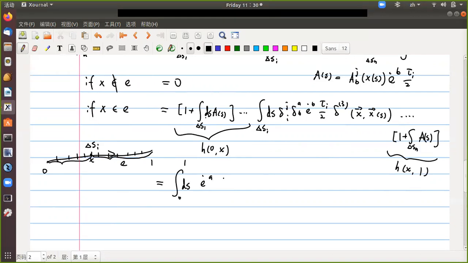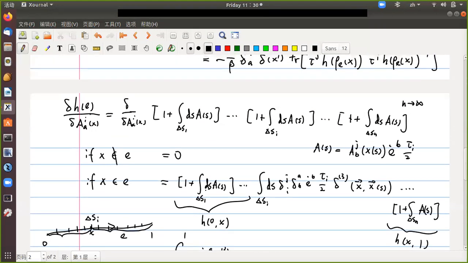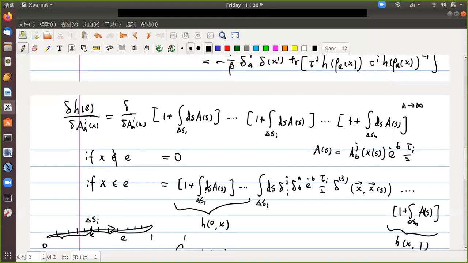So I pull out all the non-matrix-valued terms. Probably, because I use coordinate y, here it's better to use y instead of x.